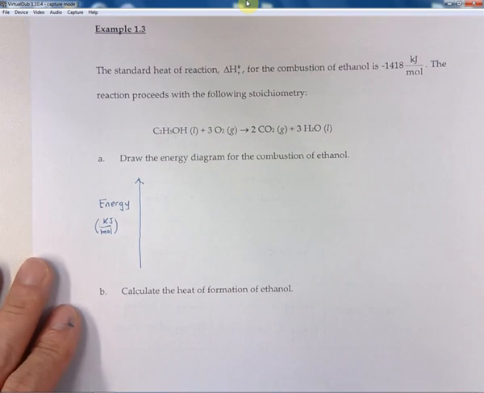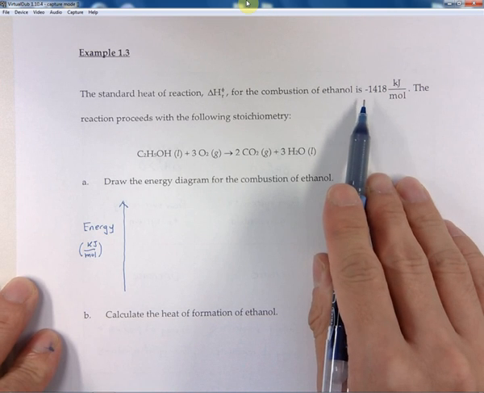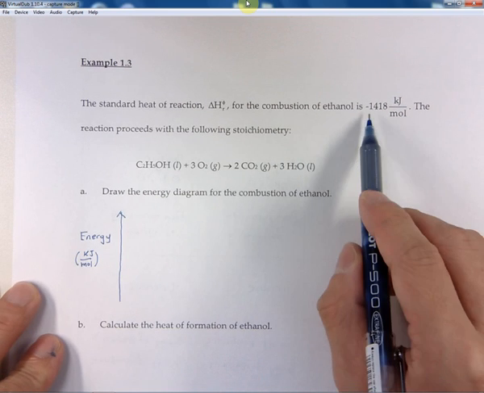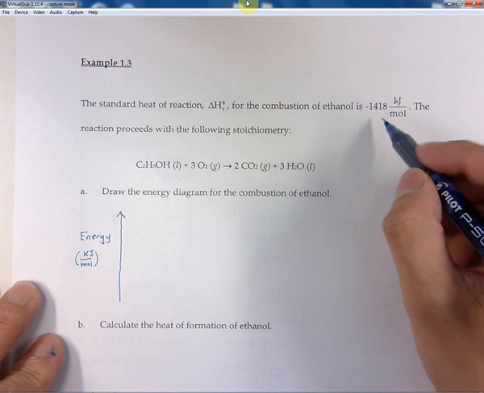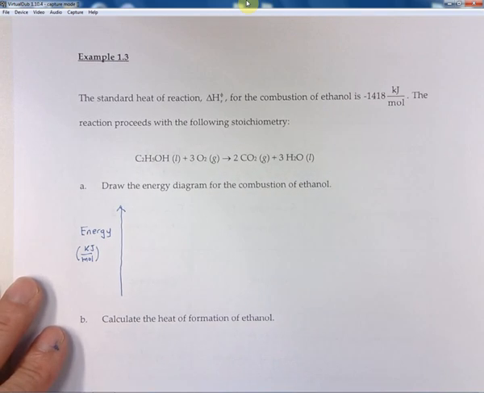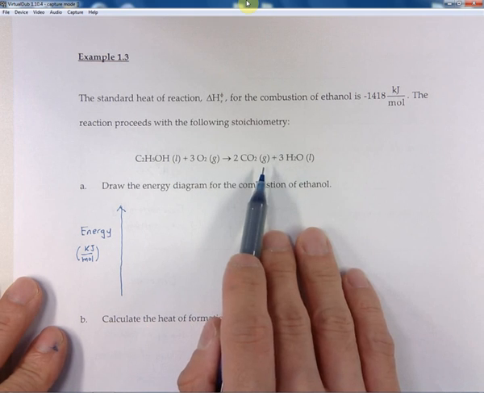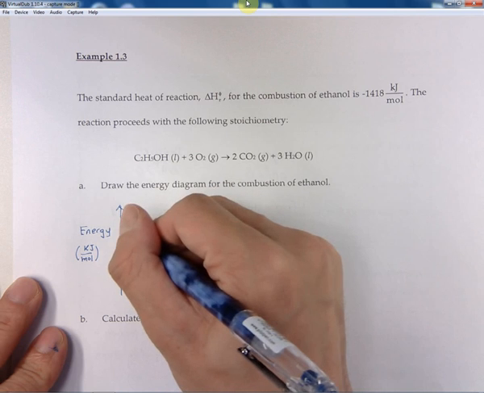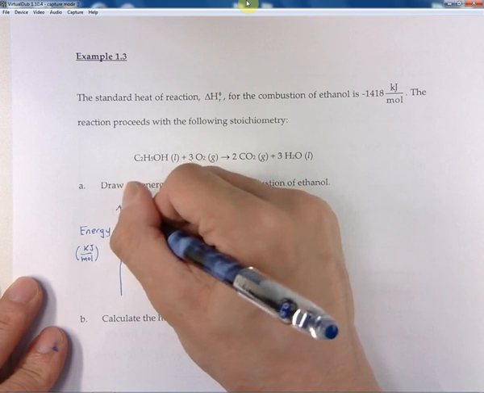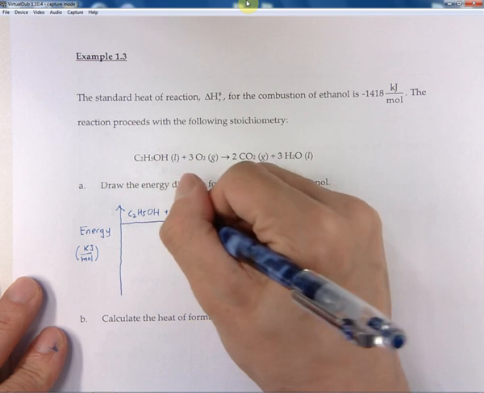Since the heat of combustion of ethanol is a negative value, this is an exothermic reaction, which means the energy of the reactant will be higher than that of the product. So initially we have C2H5OH plus 3O2.